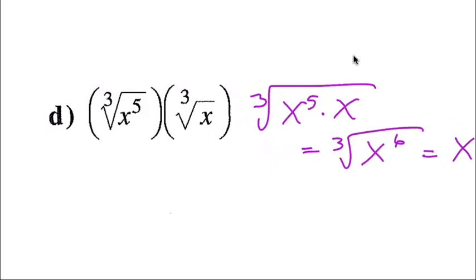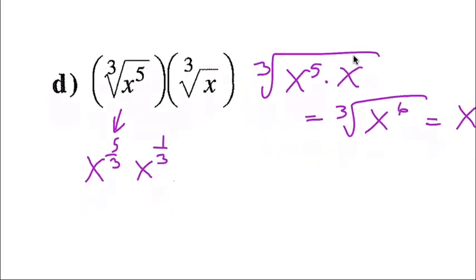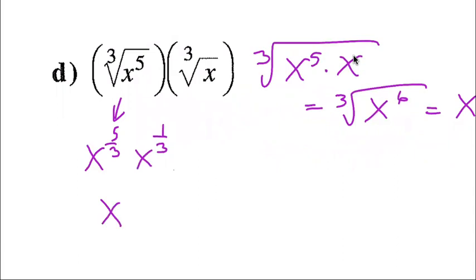Or I could say, well, the cube root of x to the 5th is x to the 5 over 3. The cube root of x is x to the 1 over 3. When I combine those using my rules, it's x to the 5 over 3 plus 1 over 3, which is x to the power of 6 over 3, and 6 divided by 3 is 2. You can get to the same place.